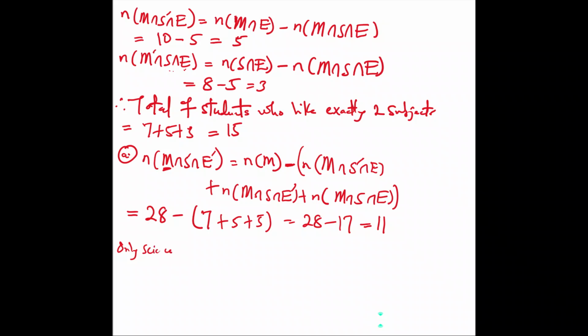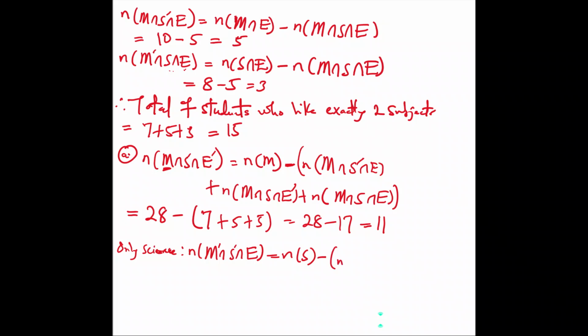So if we want to do the number of students who like only science, it will be number of M prime intersection S intersection E prime. Okay, so it's still going to be the same thing.